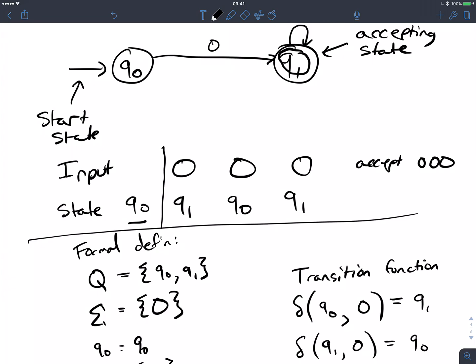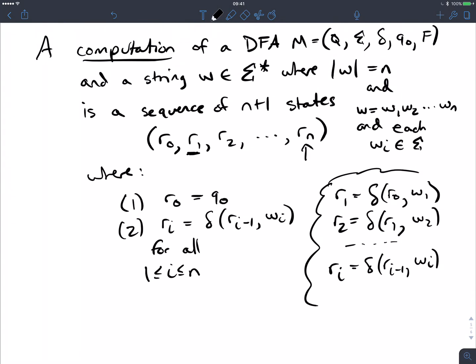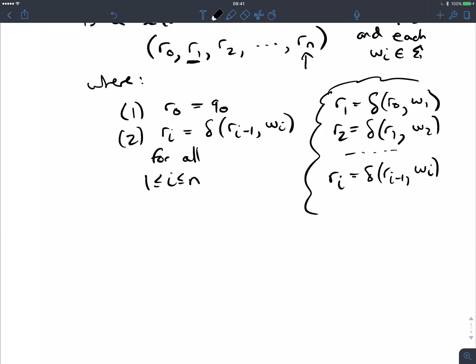Maybe we want to talk about that instead of just 0 star in general. So this is just a normal computation on any string, but sometimes we talk about an accepting computation.